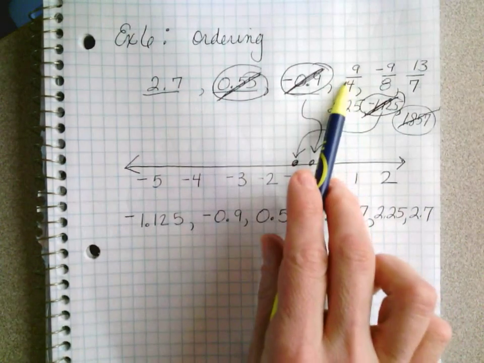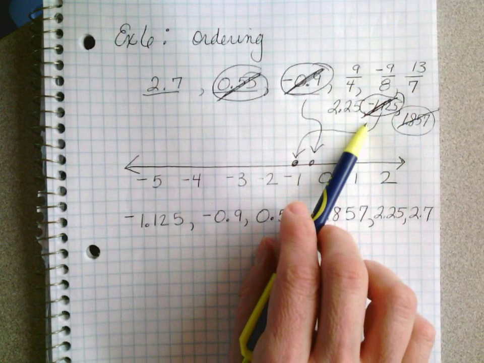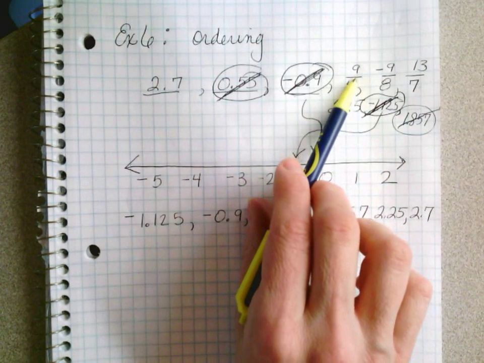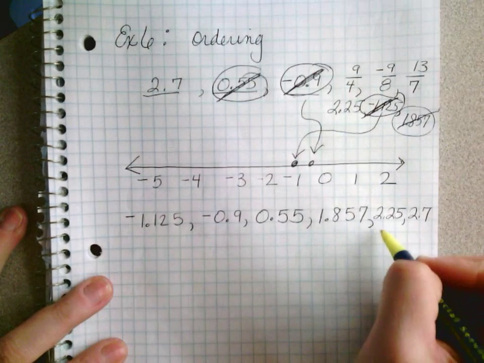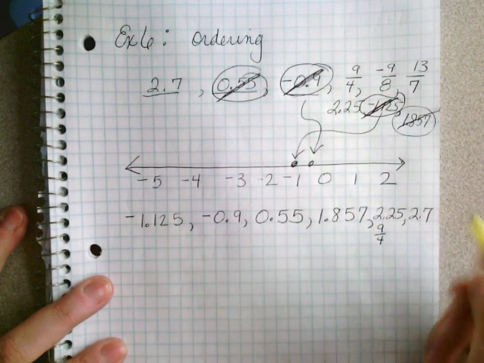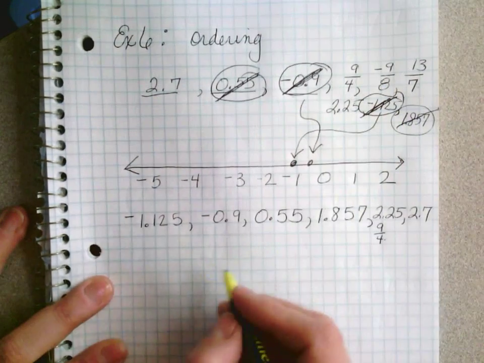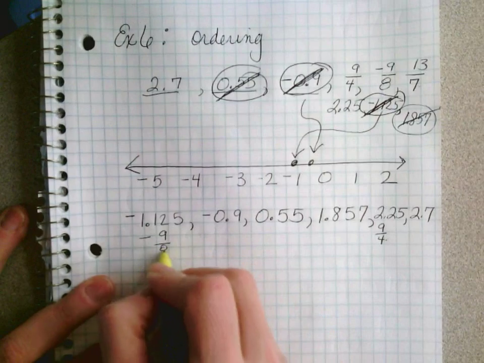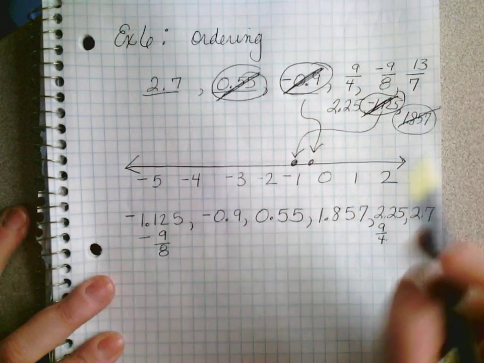Now here's the bad news. For the ones that you converted from fractions to decimals, when you check odds in the back of your book, if you were doing an odd check, it would give you the answers back as what they were given to you as. Okay, so 2.25, it would tell you is 9/4. Negative 9/8 is what they would say instead of negative 1.125.